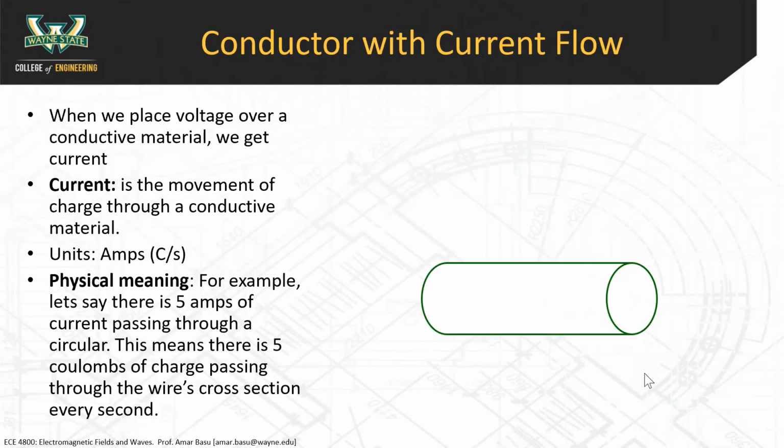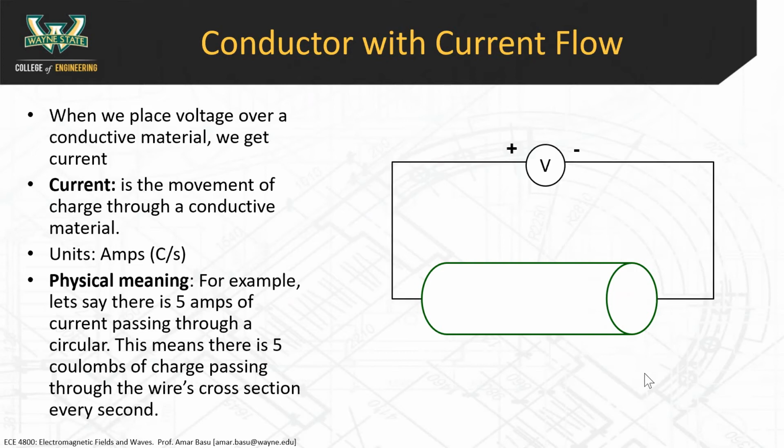All right, so the very basic concept, I like to start from the really basic concepts, is that you have a conductor with current flow. You place a voltage over a conductive or partially conductive material, like a wire like this. Let's say we have a wire made of copper, the kind you use in your lab. You are going to get a current, and the current in this case is going from left to right.